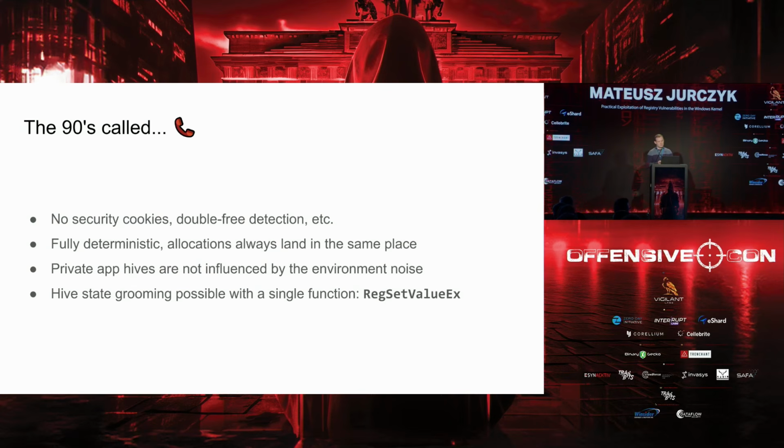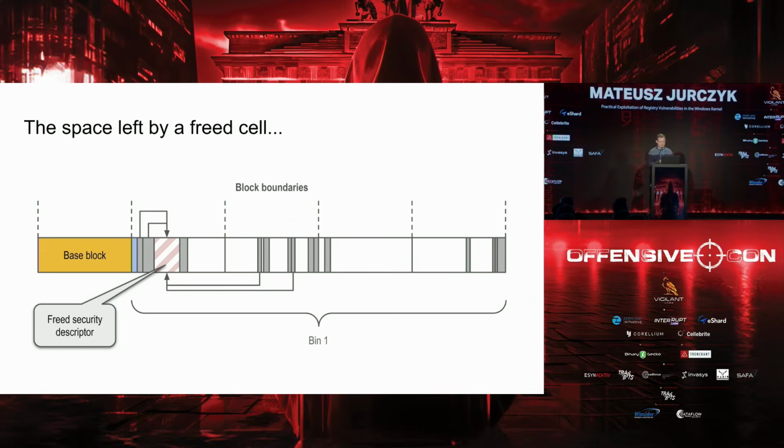And all of this means that all of the Hive state grooming that we need to do can be performed basically with a single documented registry function called RegSetValueEx, which just creates a value and the backing buffer for that value that we can use to store some controlled data. Here is an example taking the previous use after free on the security descriptor.